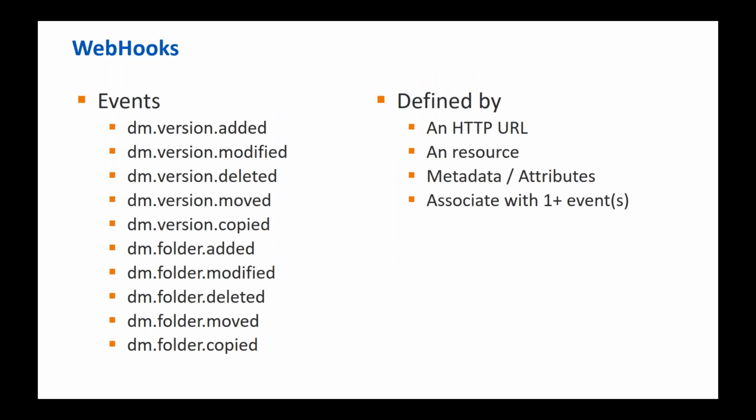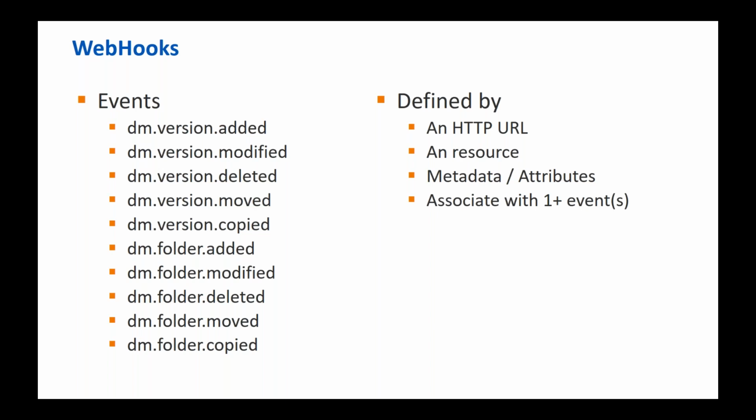So for example, the events you could subscribe to are about changes on versions of files and on folders. Versions, because that's when you do a change on a file, so updating a new version, or deleting or modifying a version. On folders, when something happens to a folder, or if you copy from a folder. It's defined as an HTTP endpoint, which means that you tell the system where to call you, because that's real time. It's something which is calling back your system.